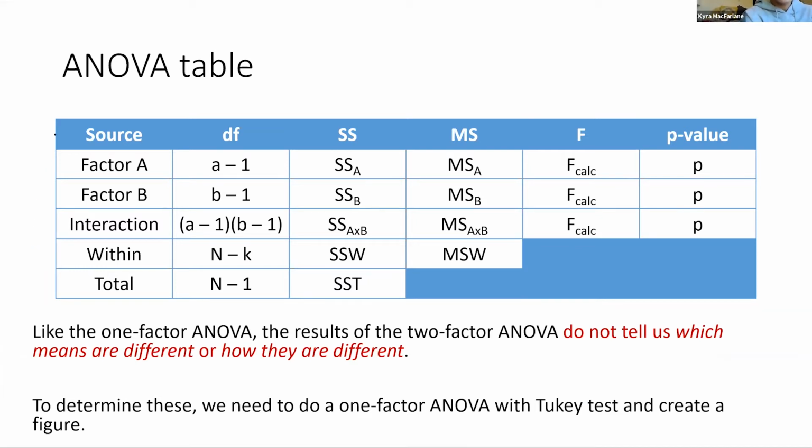For the one-factor ANOVA, we didn't have these two, it was just one p-value, one F-calc, and everything else. But with the two-factor ANOVA, we actually have 3 values because we're looking at, is factor A significant? Is factor B significant? Is the interaction between them significant? So we have 3 p-values that we're going to be looking for.